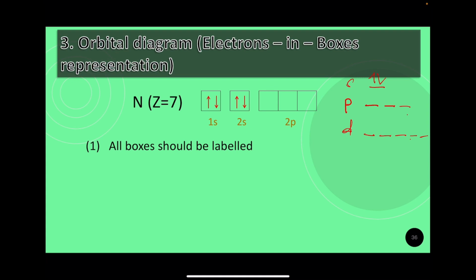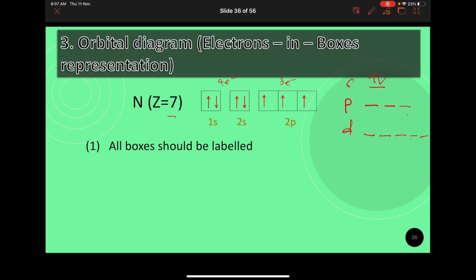Up to the 2s orbital, we have already used 4 electrons. Since nitrogen has 7 electrons, 3 electrons remain, so the 3 electrons will be in the 2p orbital. So we need to fill up the 1, 2, and 3 orbitals. This is how to draw the orbital diagram.